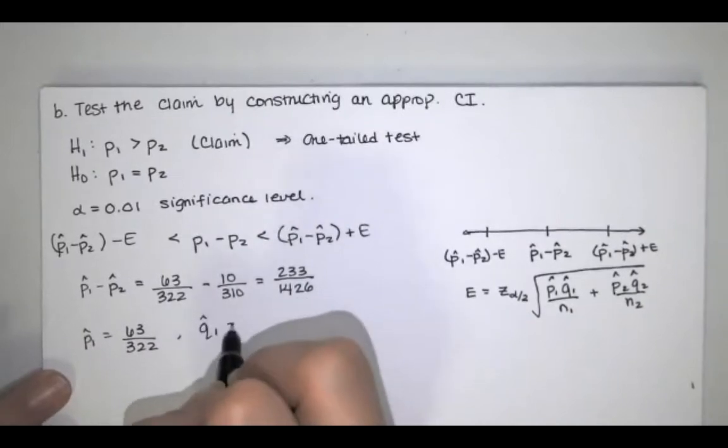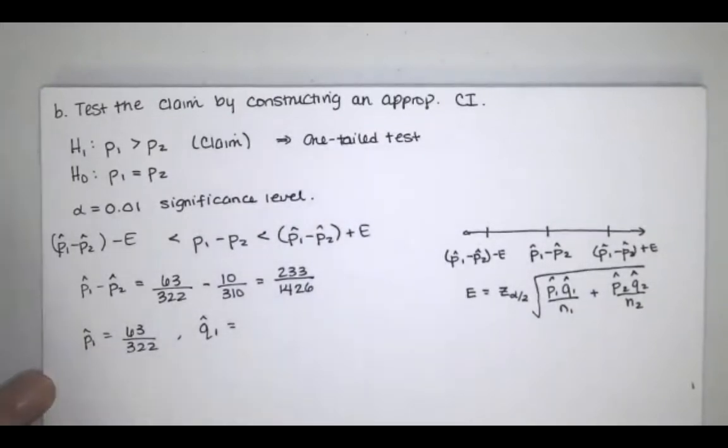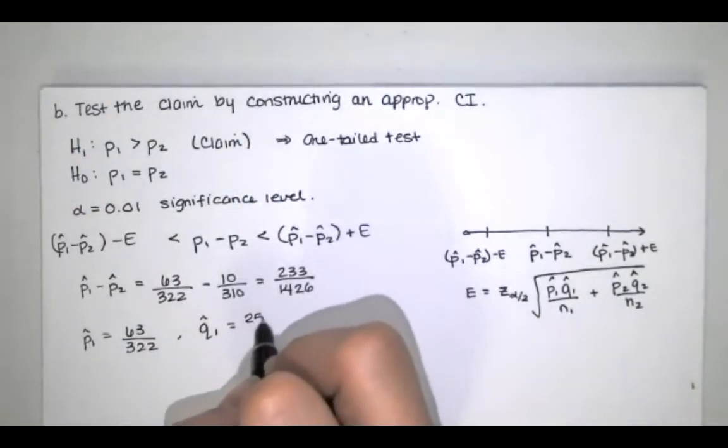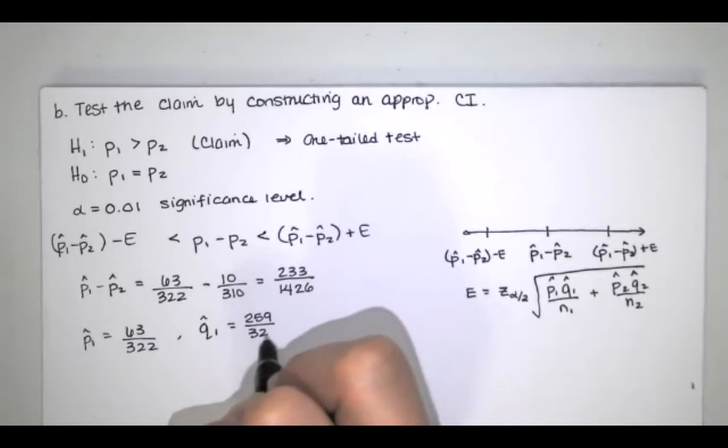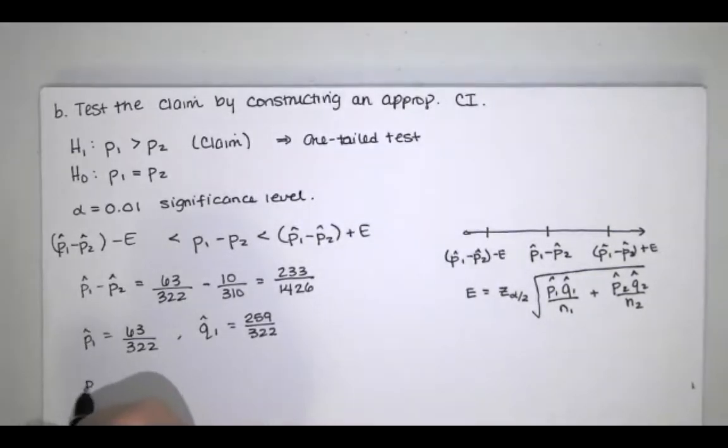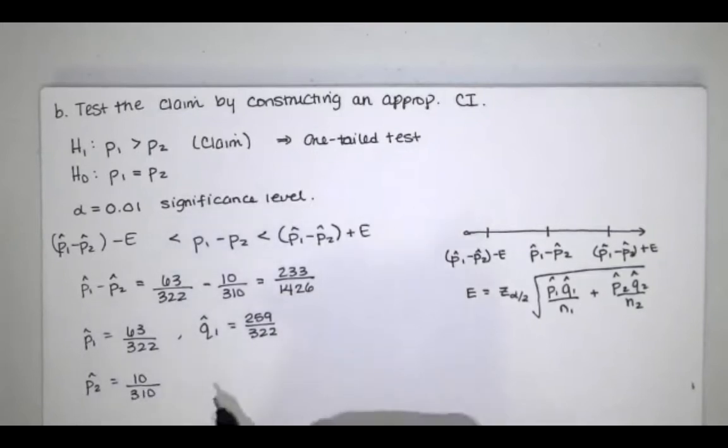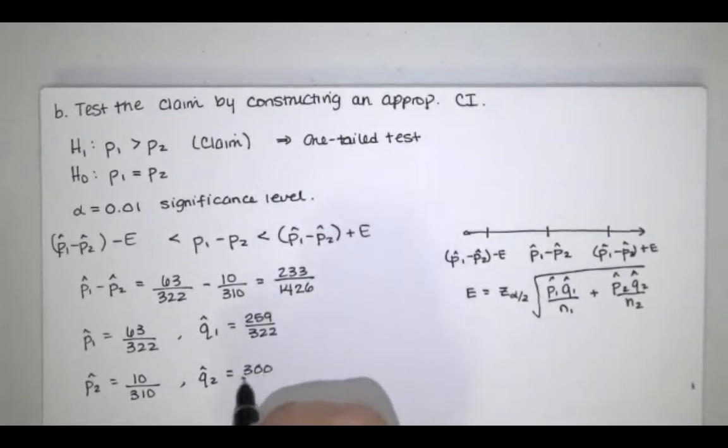Q1 hat is 1 minus this quantity, which is 259 over 322. And P2 hat was 10 over 310, so Q2 hat is 1 minus this quantity, which is 300 over 310.